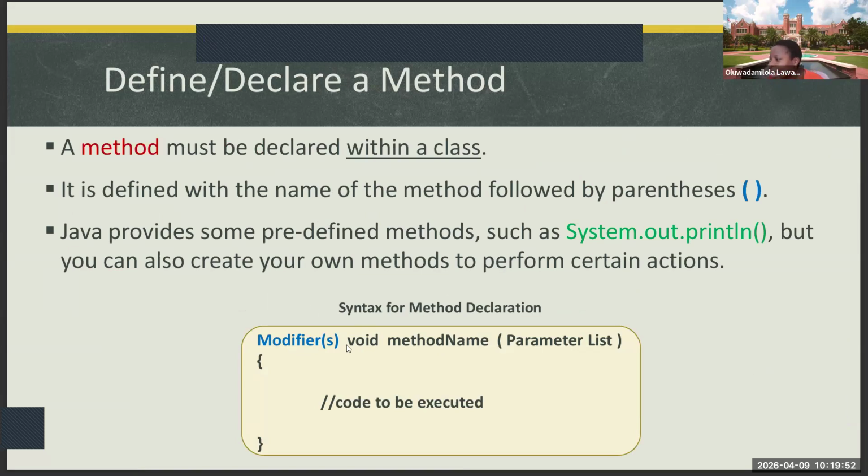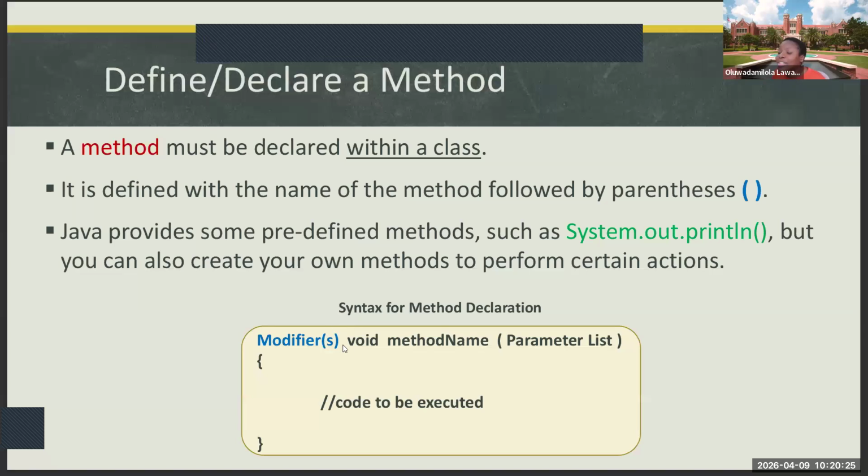And we will talk about that in this class. So for our main method, it's always the void method, static void. And we can also have void here in our user-defined method. And we can also have a value returning method, that will be maybe an integer, a float, a double.